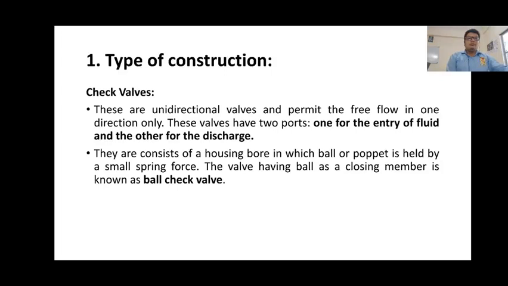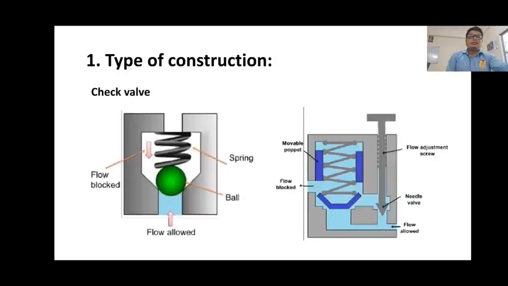The valve having a ball as a closing member is known as a ball check valve. Various types of check valves are available for a range of applications. These valves are generally small in size, simple in construction, and inexpensive. Generally, check valves are automatically operated. No external control system is required in this type of valves.